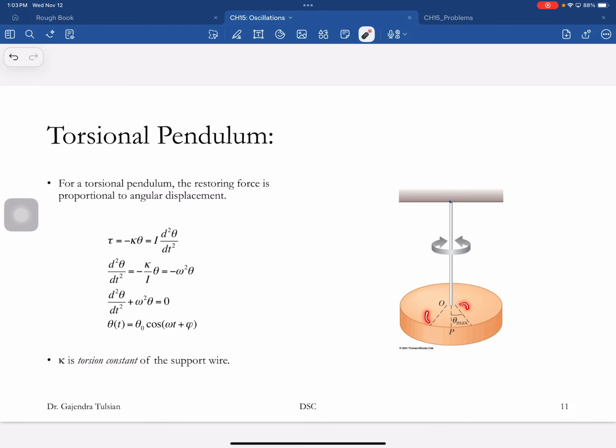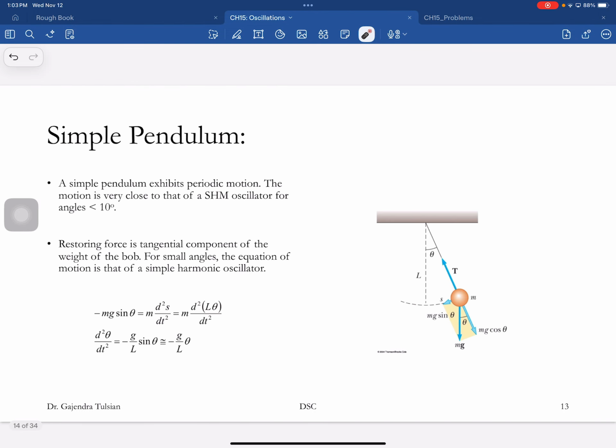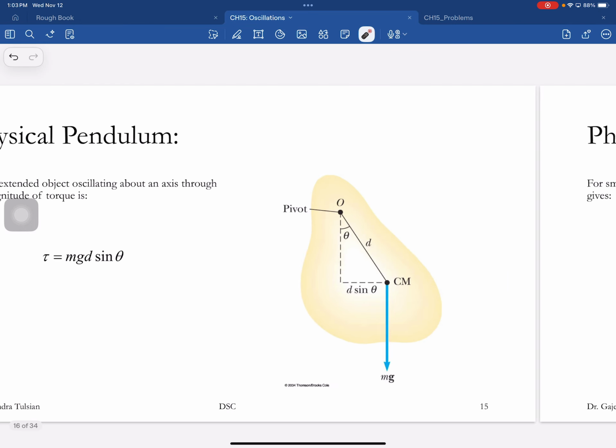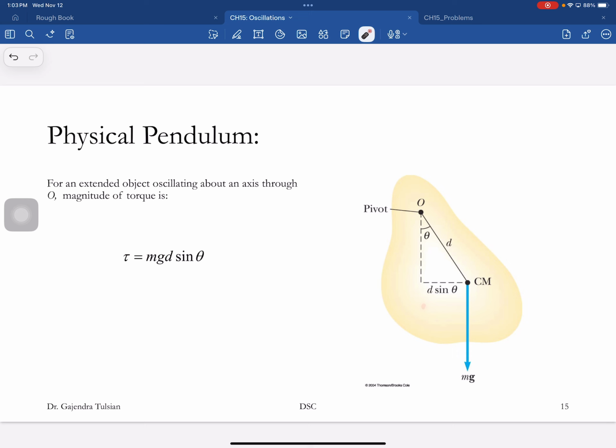You take a mass and twist it, and it'll twist back and forth. It describes a simple pendulum and a physical pendulum. You can take any darn mass, and if you pivot it around a point that is not its center of mass, it will oscillate back and forth. And the same differential equation describes all those systems.